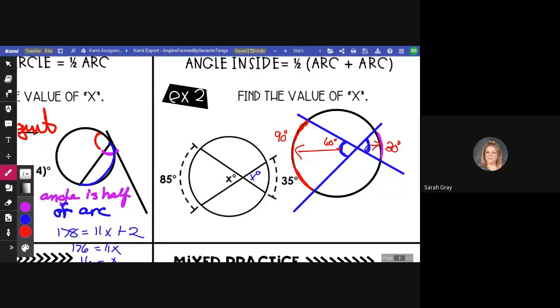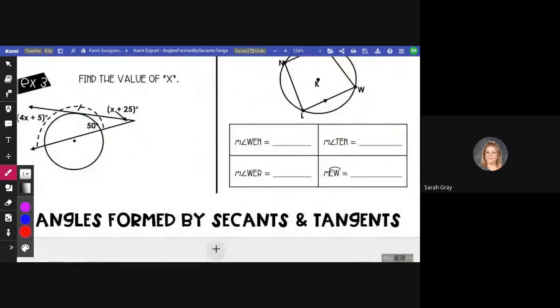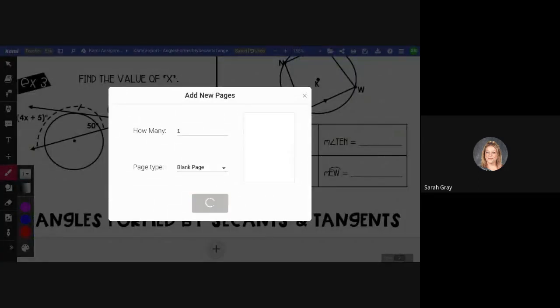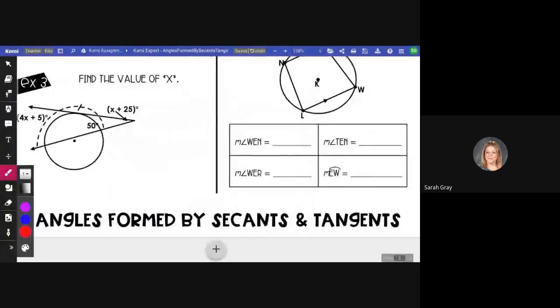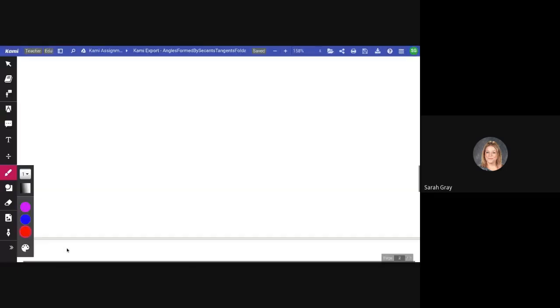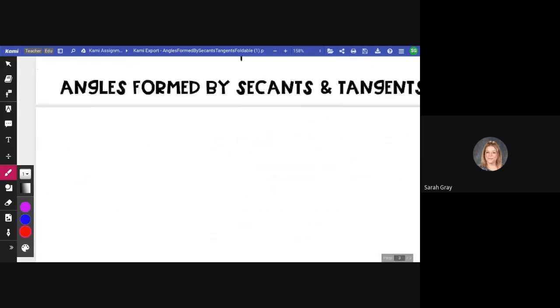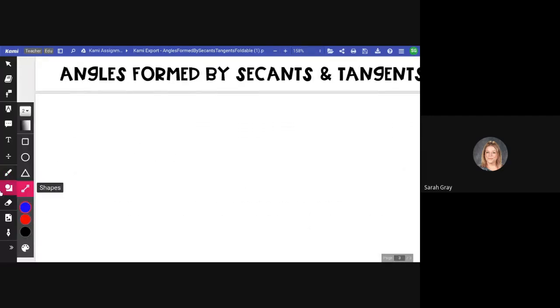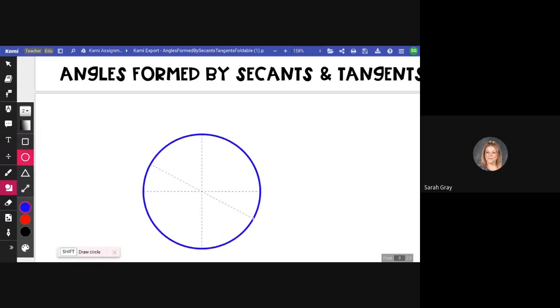All right. But I want to show you another example. Let me add a page, so you can see what's happening here. You got your circle.